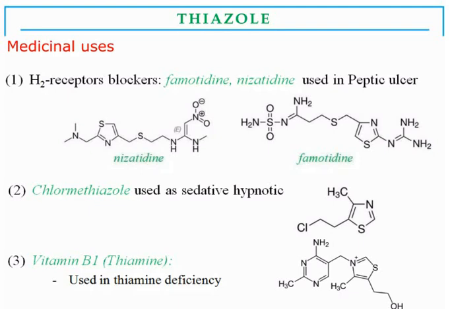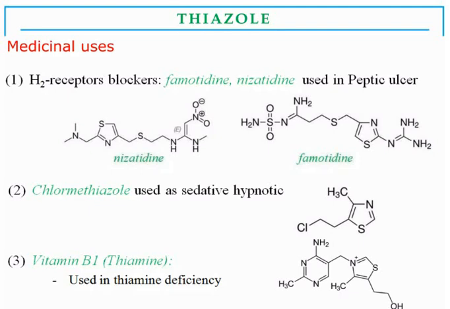My friend, the thiazole ring plays an important role in the synthesis of organic compounds and medicinal uses. You can see here some important medicinal uses of thiazole. H2 receptor blockers famotidine and nizatidine are used in peptic ulcer.